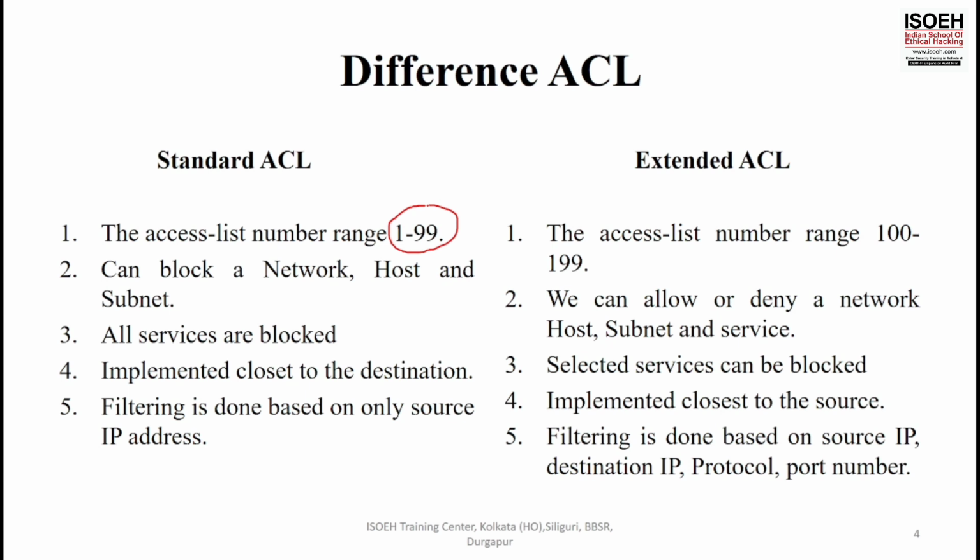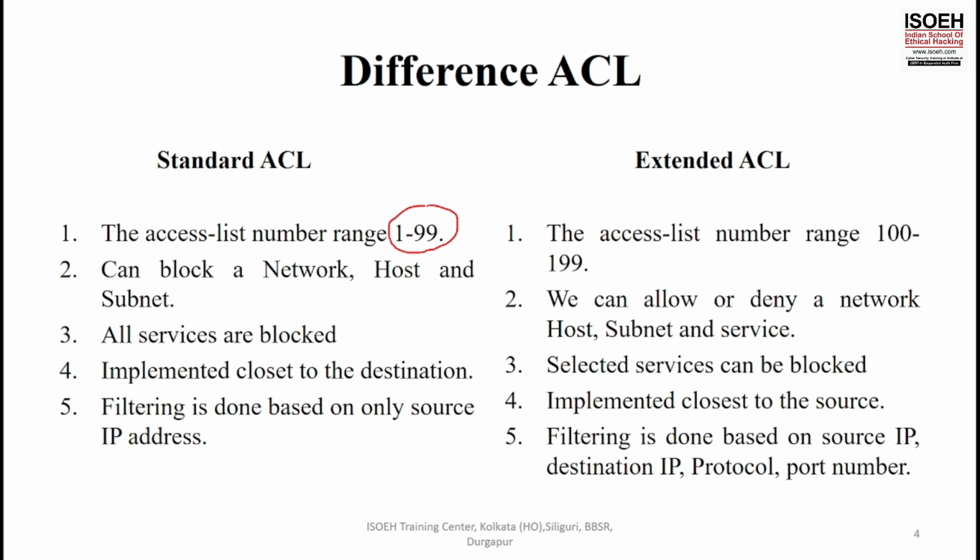When you want to block a particular service, like FTP, Telnet, or port 8443 traffic, extended ACL is a good choice. But standard is not possible; standard blocks the whole network services.